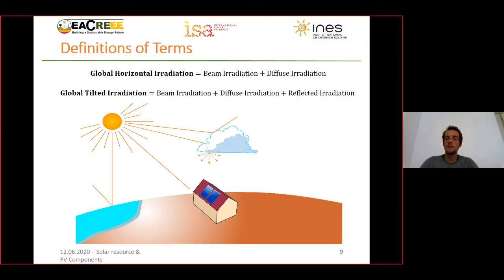Whereas if you take, for instance, water, which is quite dark, you will get a very low reflected energy. So please remember that if you consider all the energy of your projects that come from the sun, it can come from beam components, diffuse components, and lastly, reflected components.